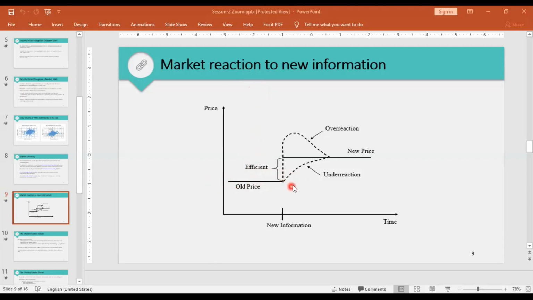And at this point, if new information hits the market, for example, the dividend announcement. Now the company is announcing that in the next month the dividend will be paid, and the dividend is, let's say, 2 rupees, right?